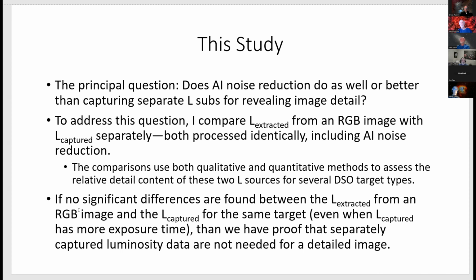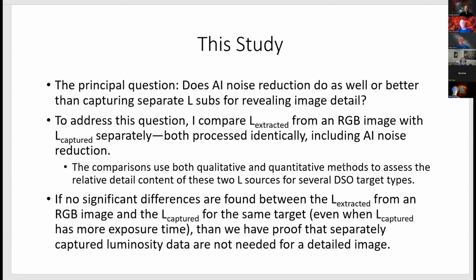I'll look at cases where L extracted more or less equals L captured, and in other cases where they've captured far more time in L than they did in RGB. So the RGB extracted is based on a smaller sample number and smaller acquisition time than L captured.